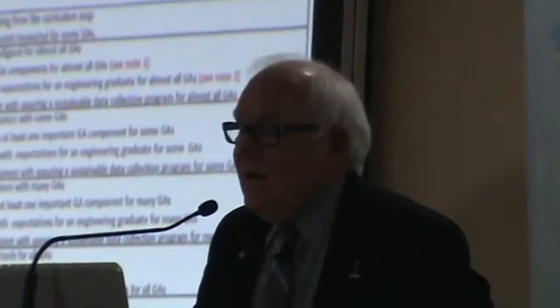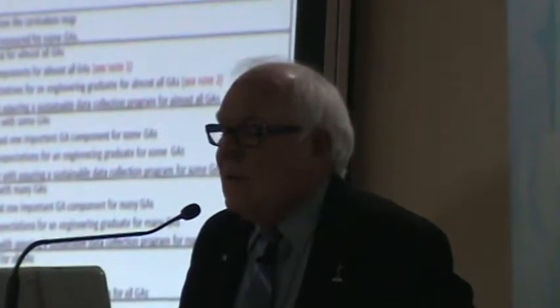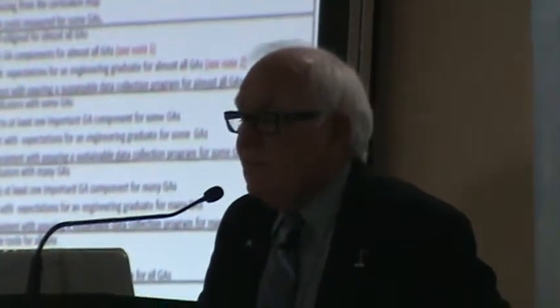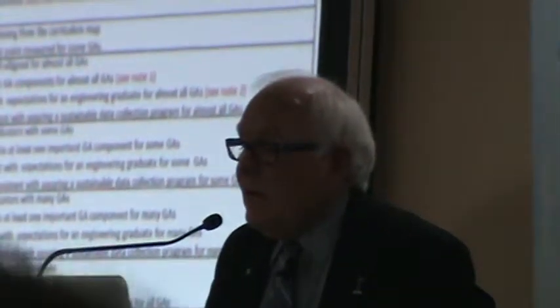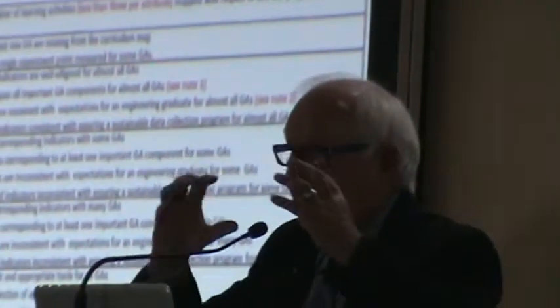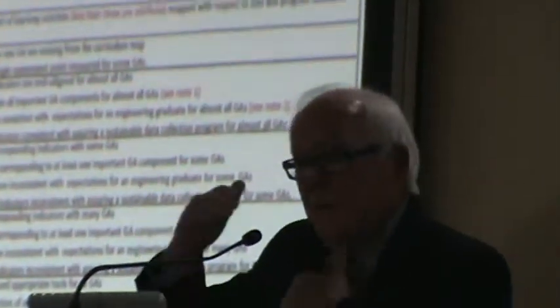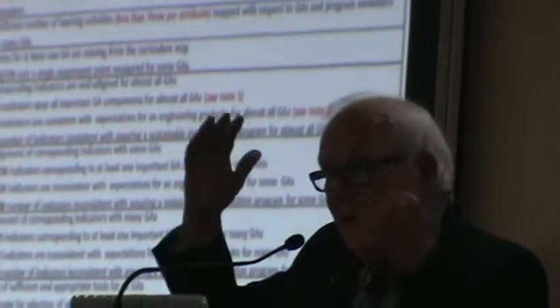Then we have an A, an M, and a U. A is acceptable, M is marginal, U is unacceptable. And we have certain levels that determine whether you're an A, an M, or a U. We do this for each of the graduate attributes, and of the 12 attributes, we pull it all together and come up with an assessment of graduate attributes in general.